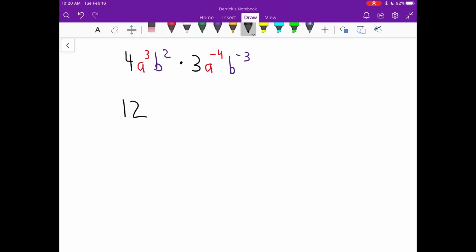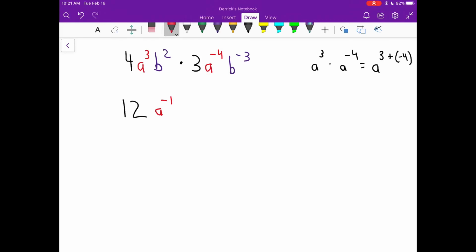So the question is, what is 3 plus negative 4? Because that's effectively what we're doing, right? If we are taking a to the third times a to the negative fourth, that means we want a to the 3 plus negative 4. Well, 3 plus negative 4 is negative 1, so we would have a to the negative first.